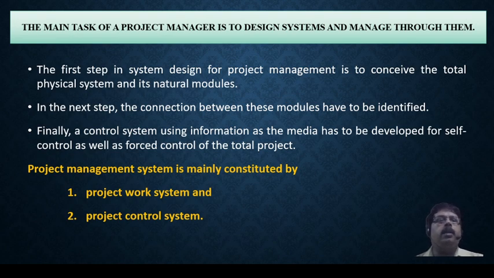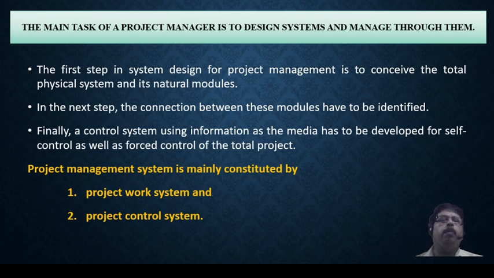Next is, as we know and as we have discussed, the first step of the project design for project management. When we talk about project management or project design, the first step is to conceive the total physical system and its natural models, and the second step is that the connection between these models has to be identified, how this project has to function.